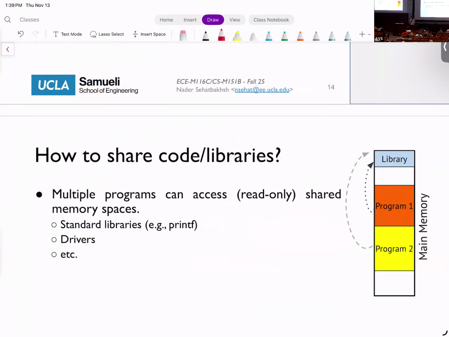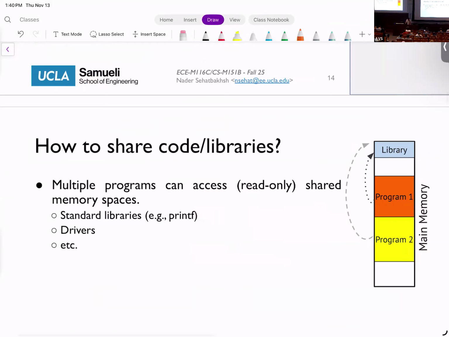You might also wonder that under these static systems, what we can do for shared memory and libraries. For example, you have things like printf, standard libraries, you have things like drivers. What should we do? We typically, as I said, reserve part of the memory for those. So usually you give read-only access to all the programs to those addresses, okay?